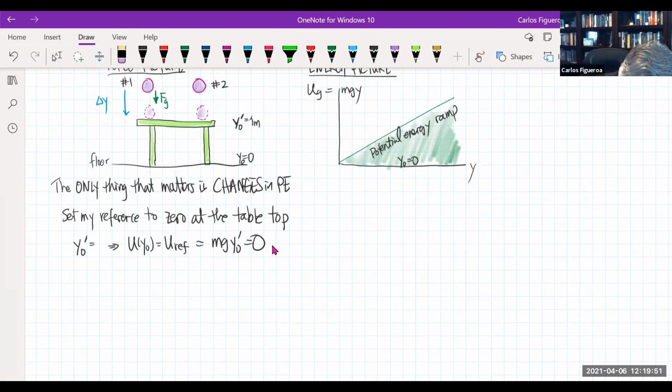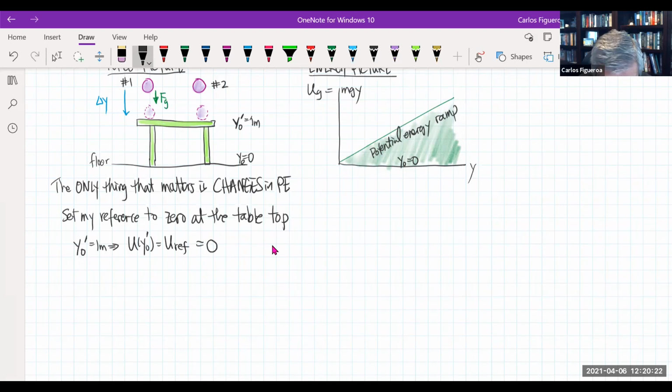So that means I'm going to set my location y initial prime to 1 meter. What that means is, if I do that, this is my prime, I'm going to set that guy to 0 here. So my reference potential at y initial prime is going to be 0.